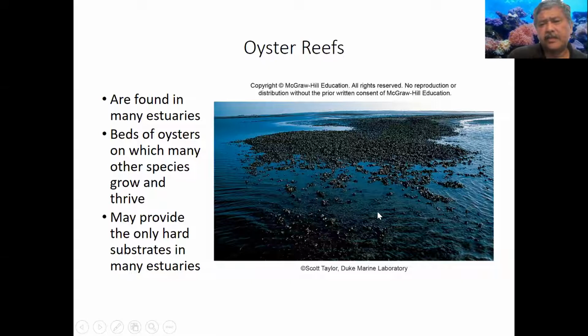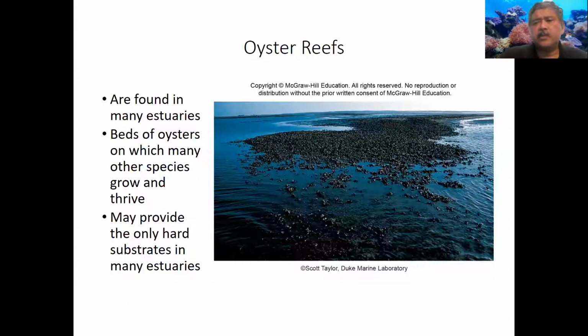Remember, substrate is whatever it grows on, whether it's sand or the mud, or as you get closer to the tide pool areas, you might have a few rocks and more rocks as you get closer to the tide pools. So these are oyster reefs. Okay, so many different types of estuaries.